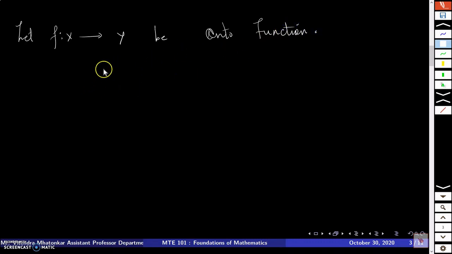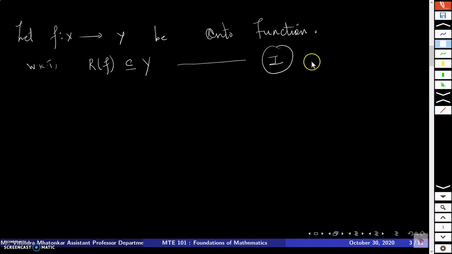Now, because it's a function, we have already seen that the range of this function is always a subset of the codomain. Right? Because what do you mean by range? Range is nothing but the set of all points of the form f of x, where x is coming from the domain, that's capital X. So these points f of x are from the codomain.